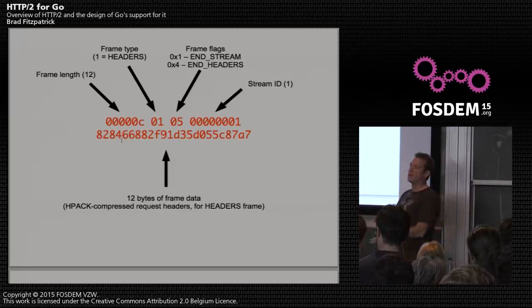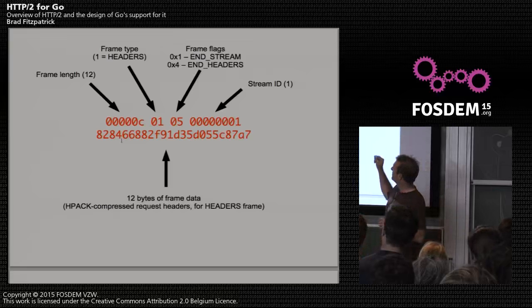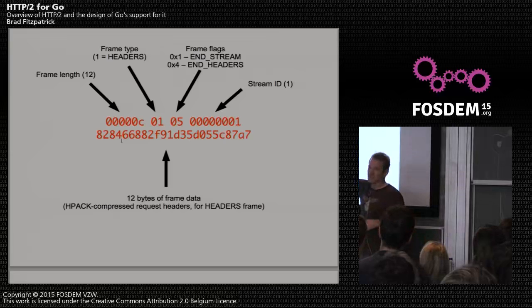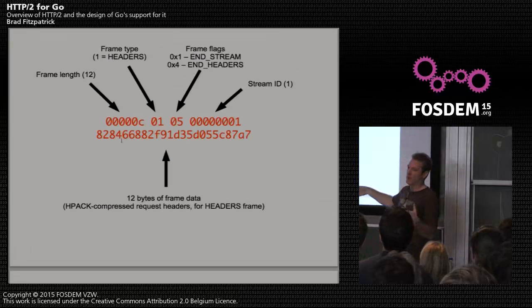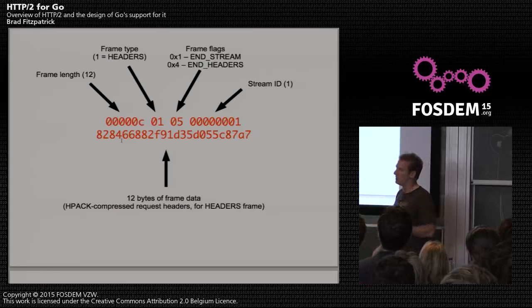For instance, this is the GET request. There's no post body attached to this. And end headers means this is the full extent of my headers, and I don't have a follow-up frame coming later. In theory you could have a gigabyte of HTTP request headers, and then they would have to be cut into multiple frames. In this case, it all fits in here.